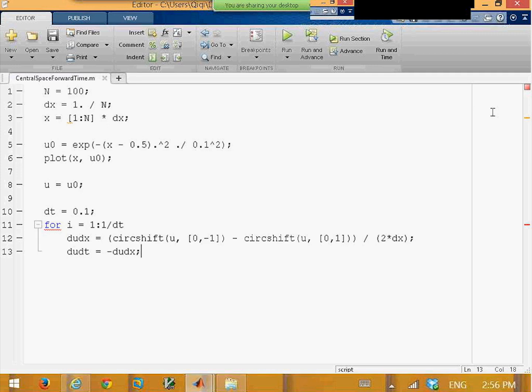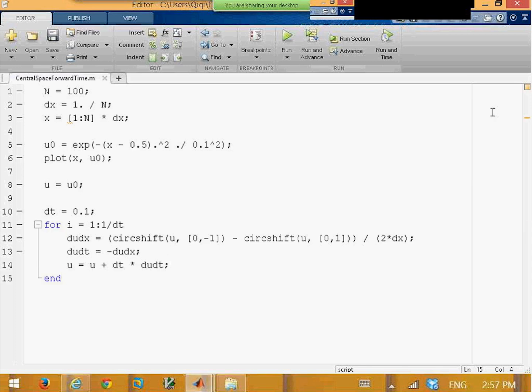We can use forward-Euler. We can use Wang, we can use trapezoidal or other fancy things we learned in the ODE section, right? So let's do the most elementary thing and apply forward-Euler. U is going to equal to U plus dt times du dt, right?